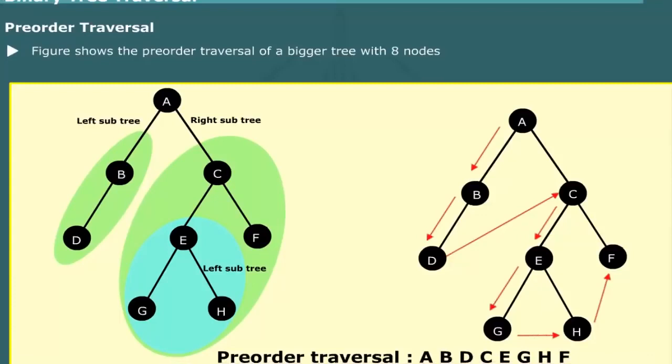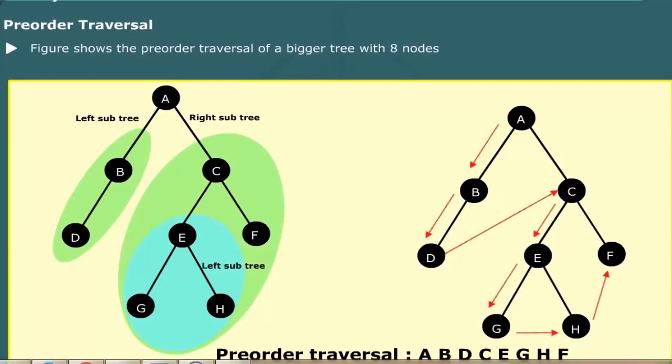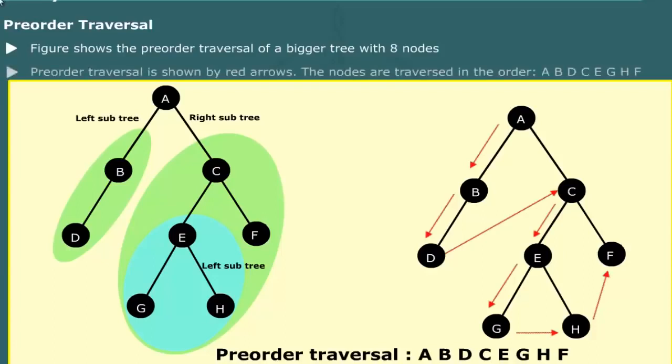Next, we first visit the root node C of the right subtree. Then traverse the root node E of tree T3. This is followed by a visit to G and H. Last of all, we visit node F. Pre-order traversal of this tree is A, B, D, C, E, G, H and F.